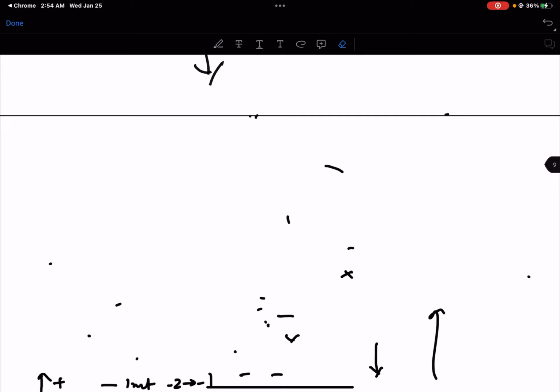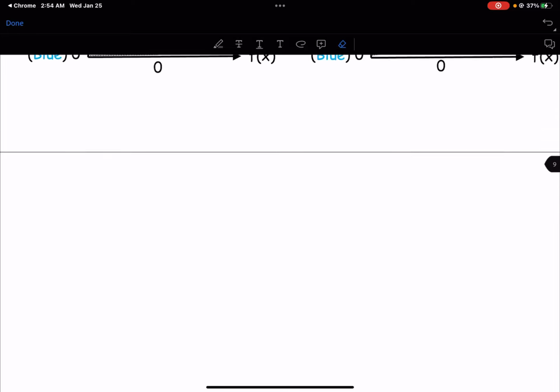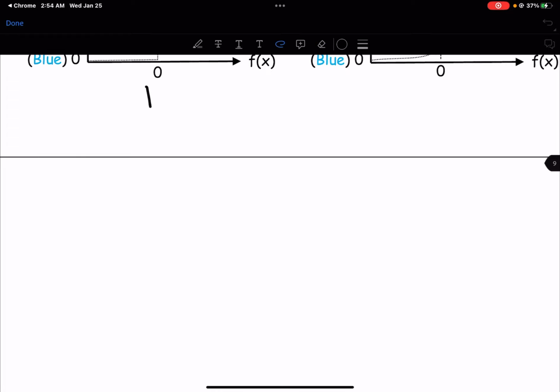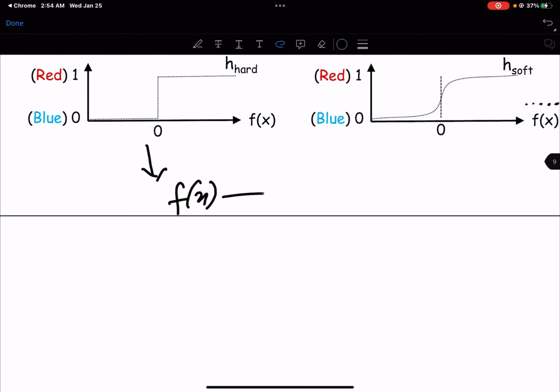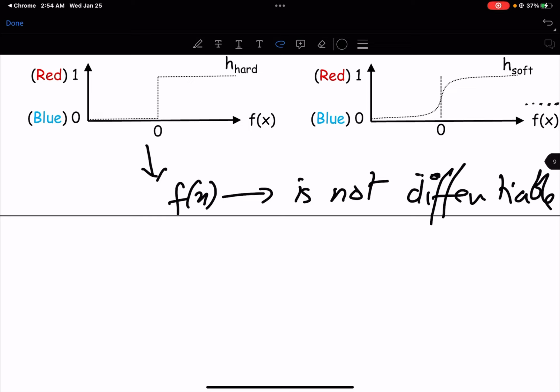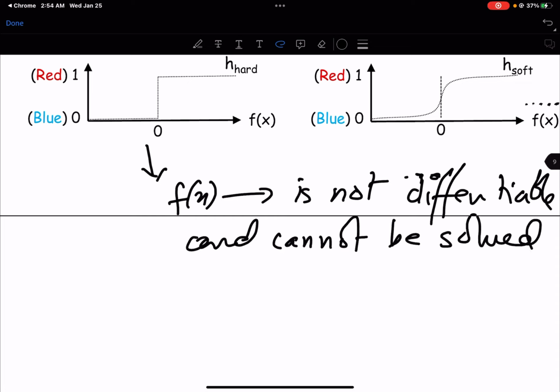So the hard classifier, where we have only options of 1 and 0, is not suitable to be solved mathematically, because there comes a point where the function f of x is not differentiable and cannot be solved mathematically.